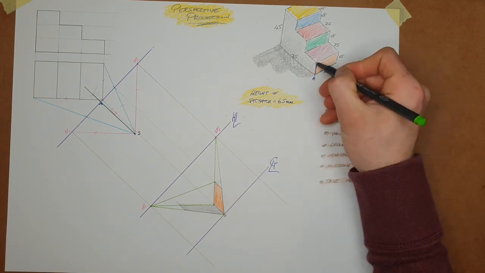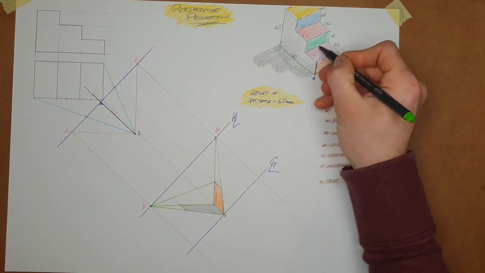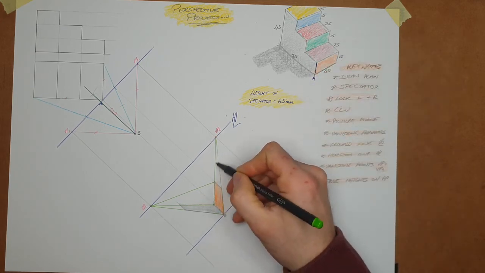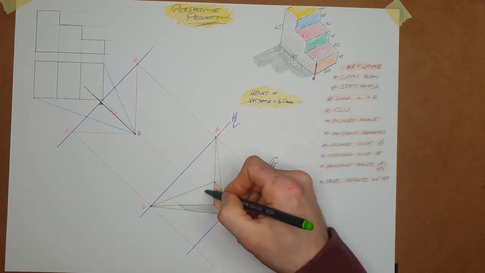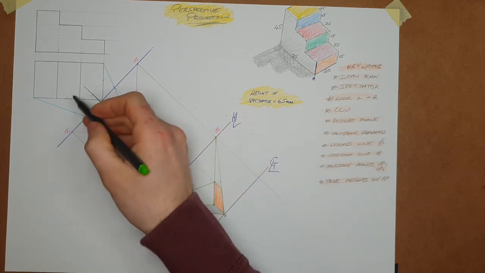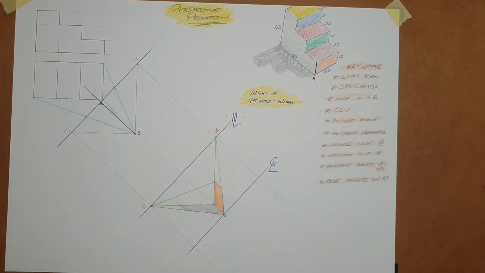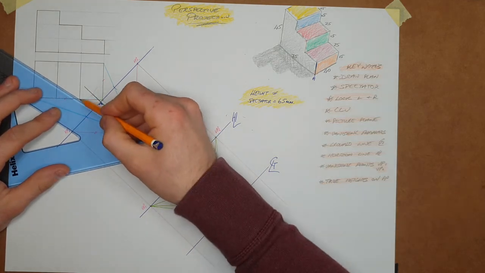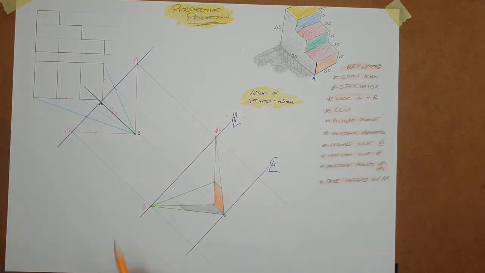This 40mm front edge will go to the same vanishing point as the 40mm back edge. So this one here goes to VP2, and I need another one here to go to VP2. How do I find this? Let's look at it. So from the spectator, let's view until it crosses the picture plane.